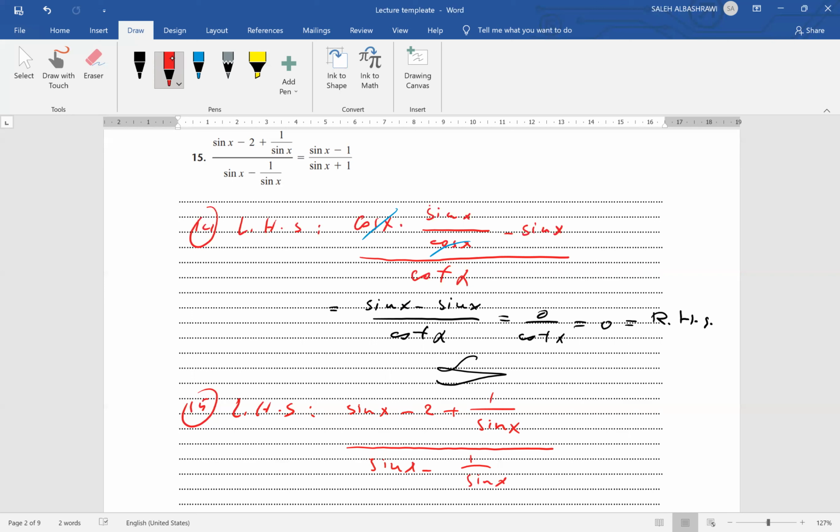Because I have sine in the denominator of each of these parts of the fraction, I want to remove it from this denominator. So I'm going to multiply the numerator by sine x and the denominator also by sine x. This is just to remove the sine x from each one of these denominators.